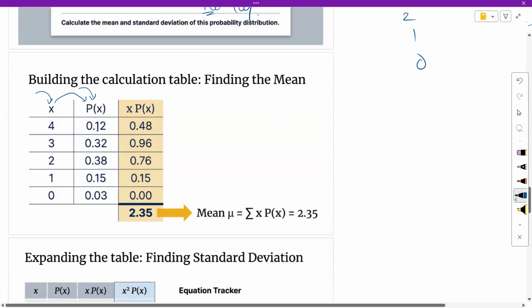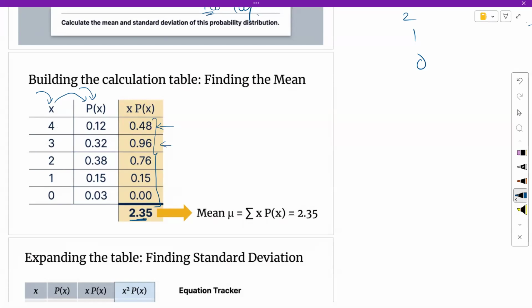Here 4 into 0.12 gives 0.48. 3 into 0.32 gives 0.96. Likewise, when we take the sum of all these values, it's equal to 2.35. Then what does it mean? Now you can simply say, in this exam for this subject, I can score on average 2.35. My expected GPA is 2.35.